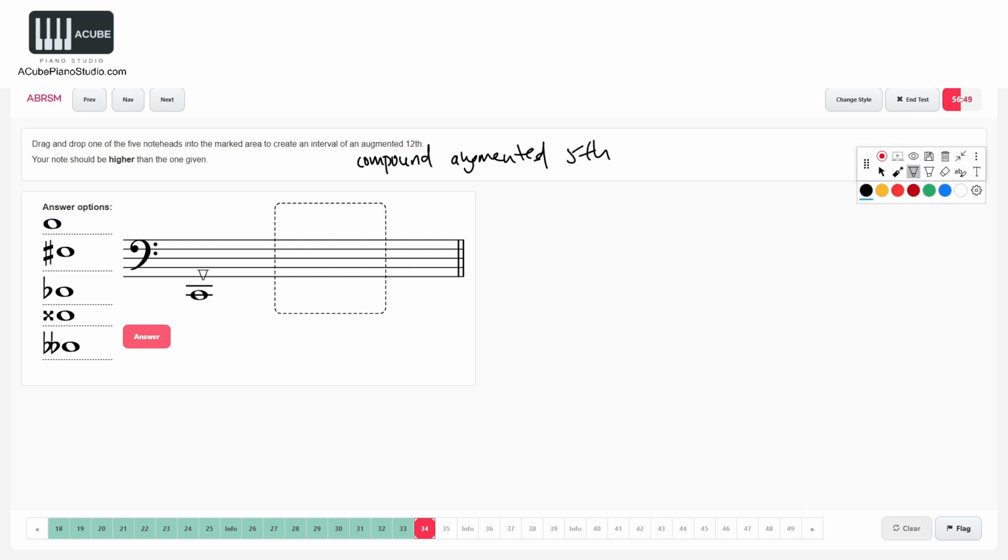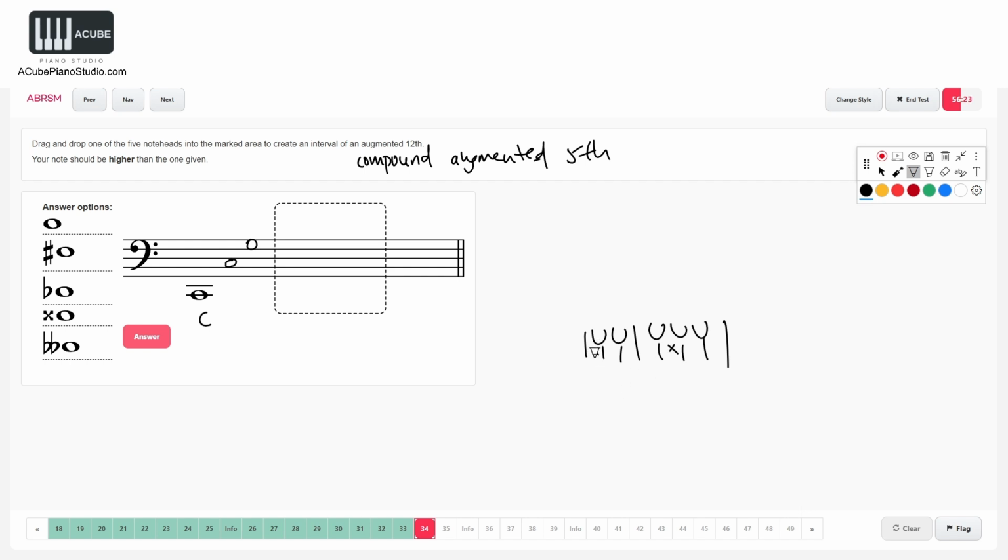Okay, this is C, right? So if you count C to this C here, it is an 8th. Plus another 5 more, it should go to this G here. So next, let's take a look. If I have C and G, it is going to be perfect, right?